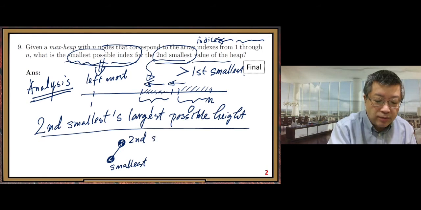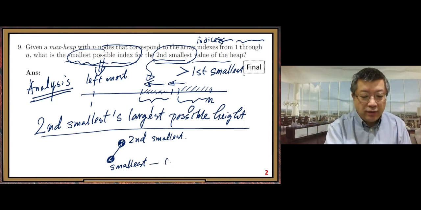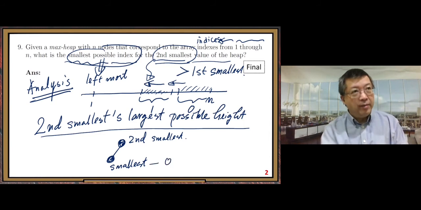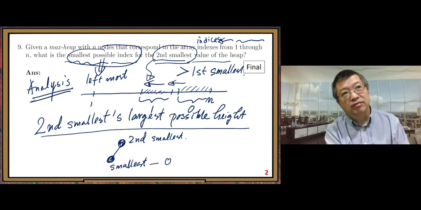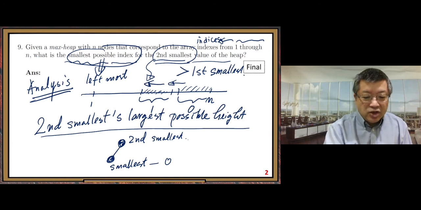Second smallest. Okay? And the smallest height is 0, right? Very bottom. Smallest, yeah, height. So you can see second smallest can only have height 1, right?